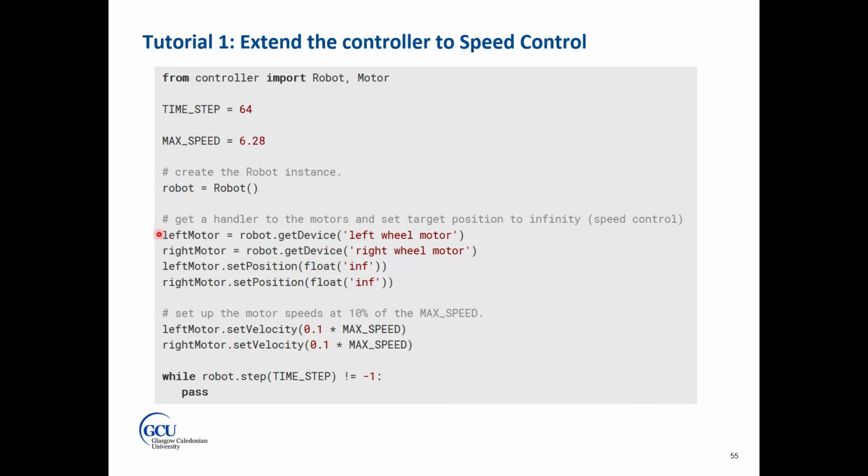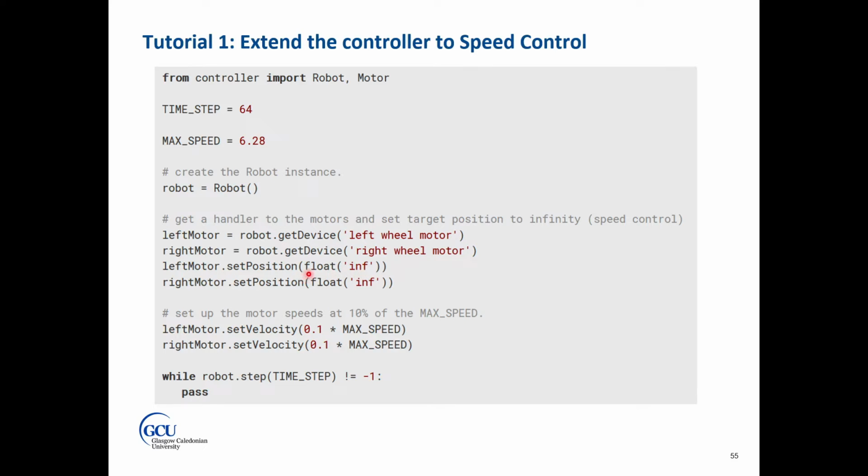Now exactly the same as before, we get access to the left motor with robot.device left motor, and the same with the right motor. But the main difference is that we are saying that the position of the robot is going to be infinite. Remember that before the position was 10, so now it's going to be infinite.